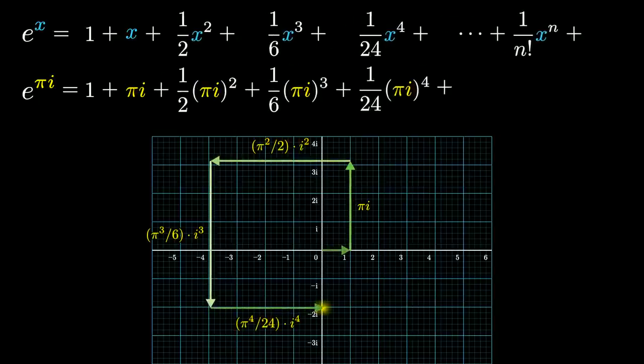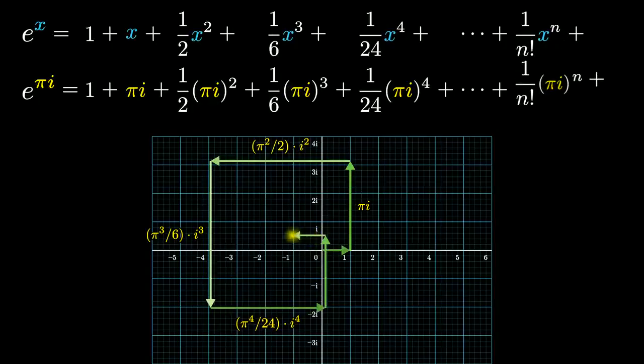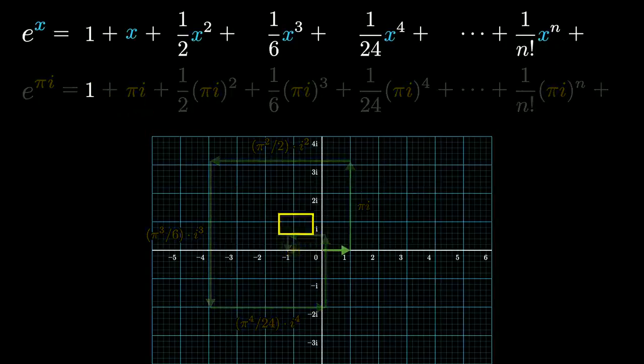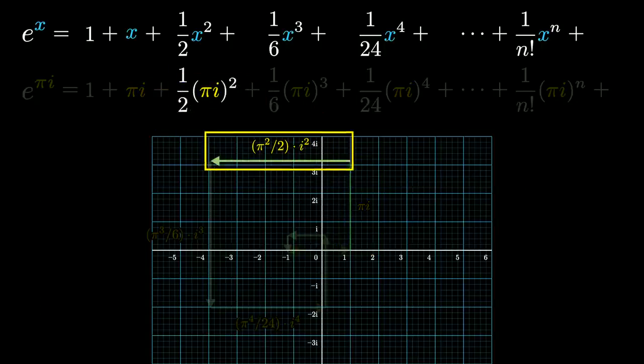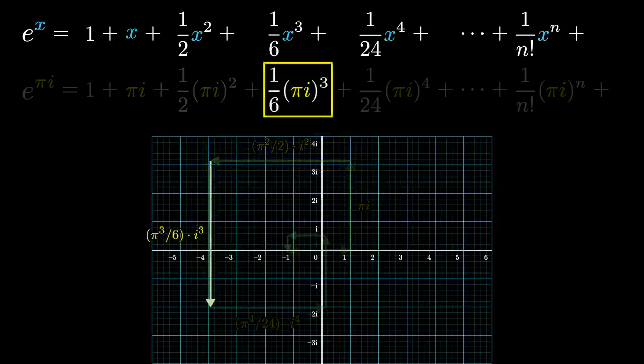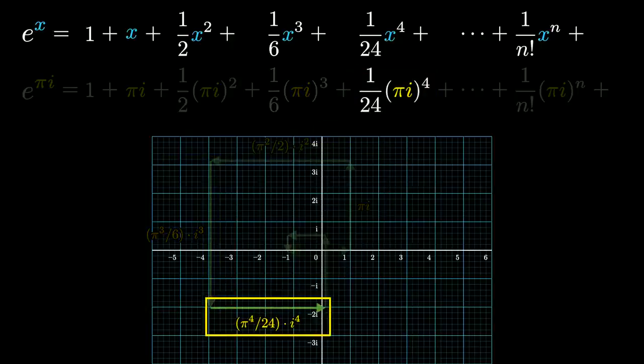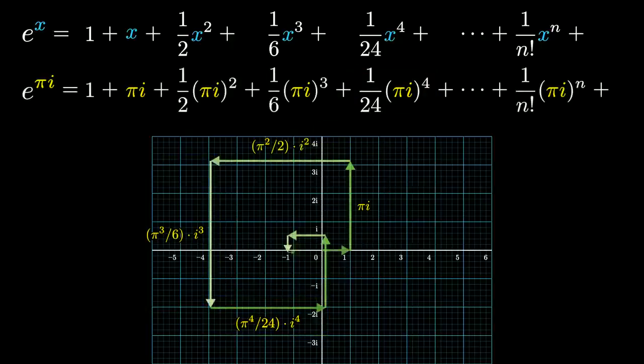It's actually very fun, I think, to take a moment to interpret the literal meaning of plugging in something like pi times i. For each one of these polynomial terms, as you take a higher power, each extra factor of i rotates you another 90 degrees, and then the pi to the n divided by n factorial terms initially grow, but then they shrink as that denominator takes over, and you end up with this spiraling sum that converges to -1.